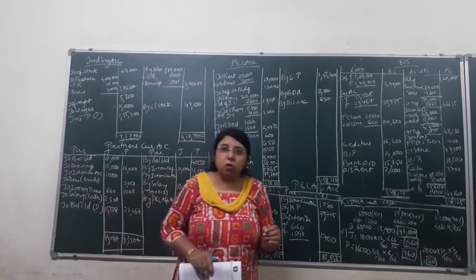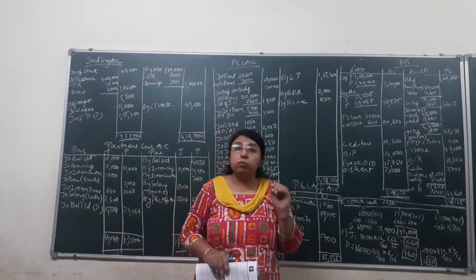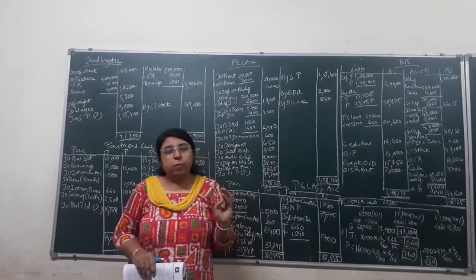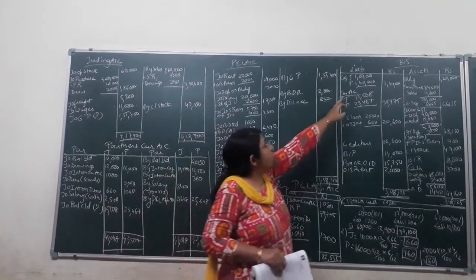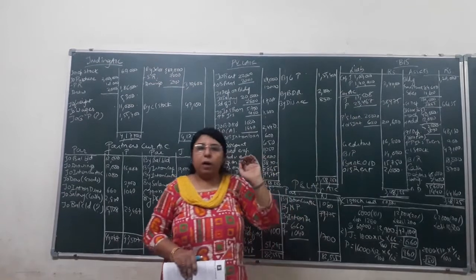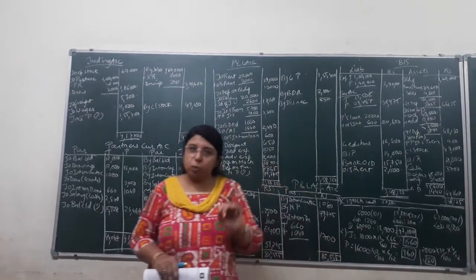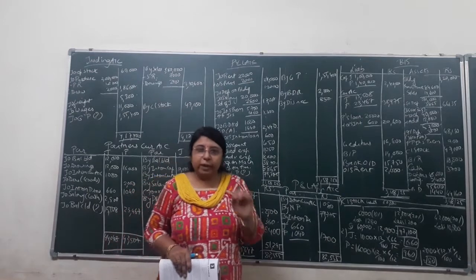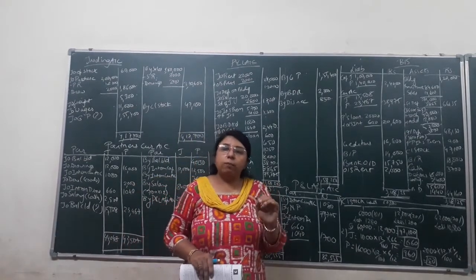So on 20,000, we have to count the interest for only 3 months, that is January, February and March. For the remaining balance, that is 1,20,000, we have to count 10% for the full year, that will come to 12,000, and for 20,000 we have to count for only 3 months, so that will come to 500.